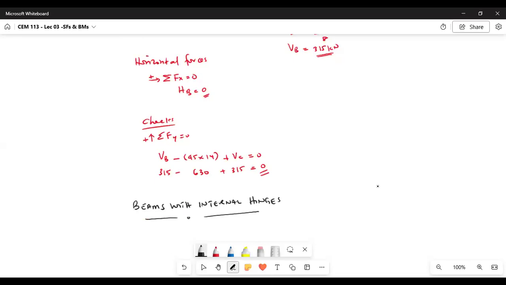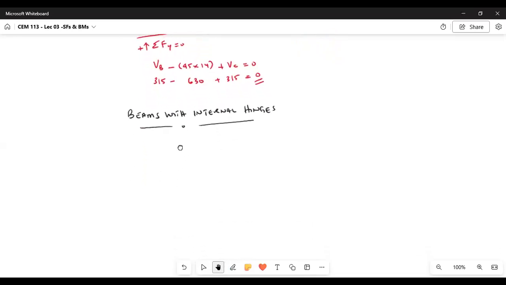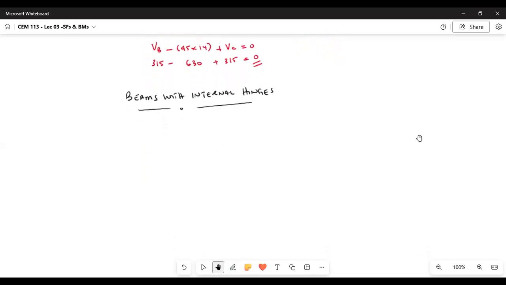That is the last thing we are going to look at. How to analyze such beams. So beam with internal hinges. I know you have seen some of these before. It's not new. Okay?